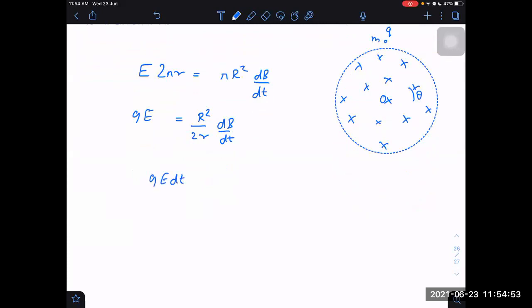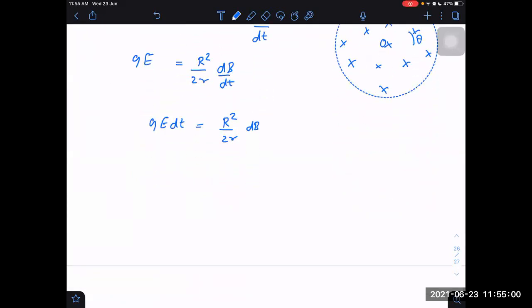QE into dt will be impulse. Impulse will be equal to R square by 2r into dB. Then from impulse, I get impulse upon mass is acceleration, change in velocity.